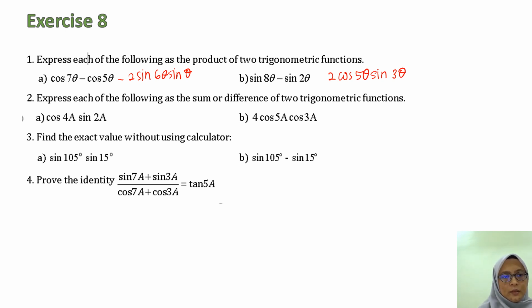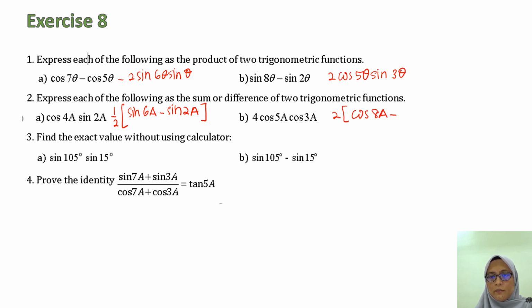Then number 2 here, you will get 1/2 (sin 6a minus sin 2a). B you will get 2 cos a plus cos 2a. So this one you will get value 1/4. This one you will get value 1/2.